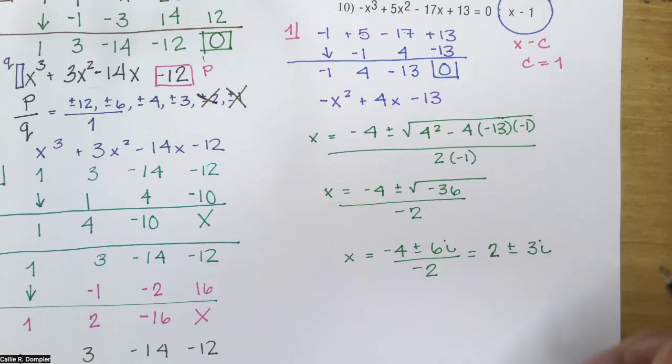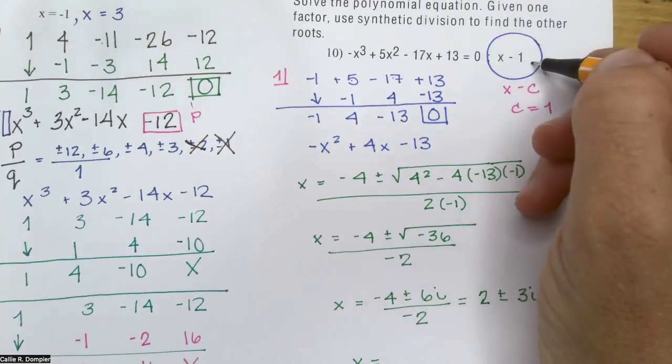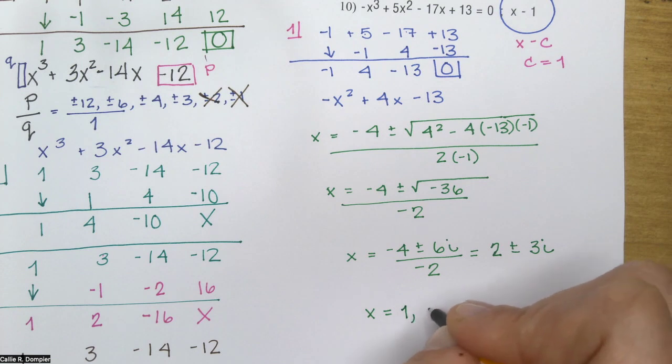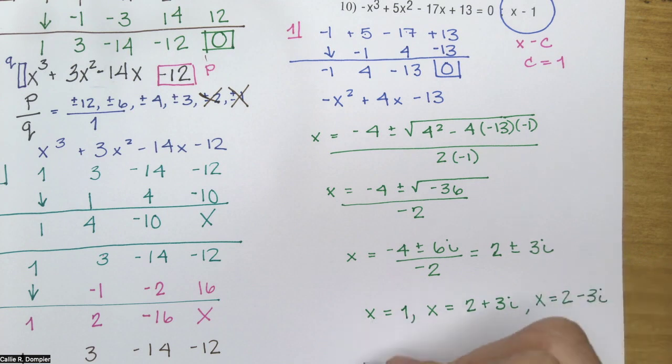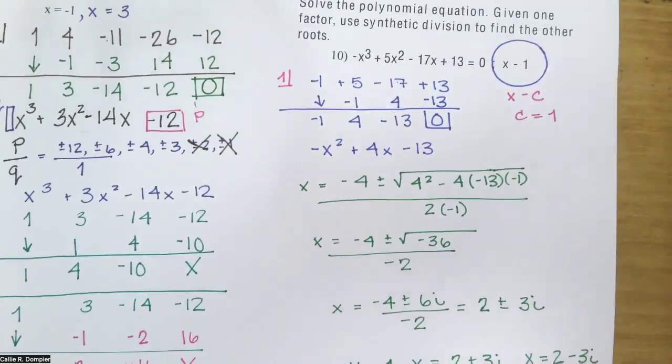So our last answers: our factor was x minus 1, so our 0 is x equals 1, and x equals 2 plus 3i, and x equals 2 minus 3i. Or 1, 2 minus 3i, 2 plus 3i. Close the brackets. Good? All right, last page.